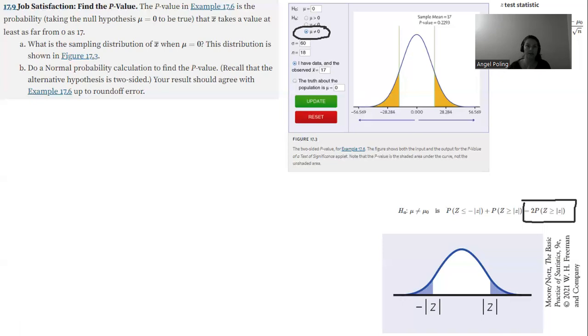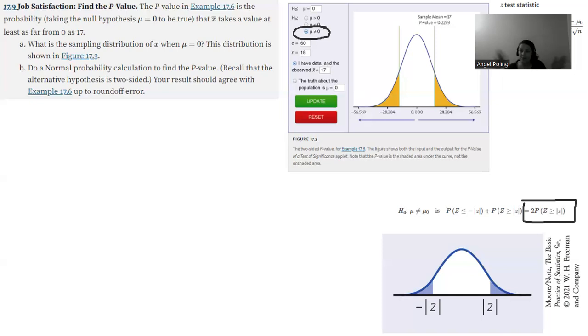Okay, so let's read the question number 9. The p-value in example 17.6 is the probability, taking the null hypothesis mu equals 0 to be true, that x bar takes a value at least as far from 0 as 17.